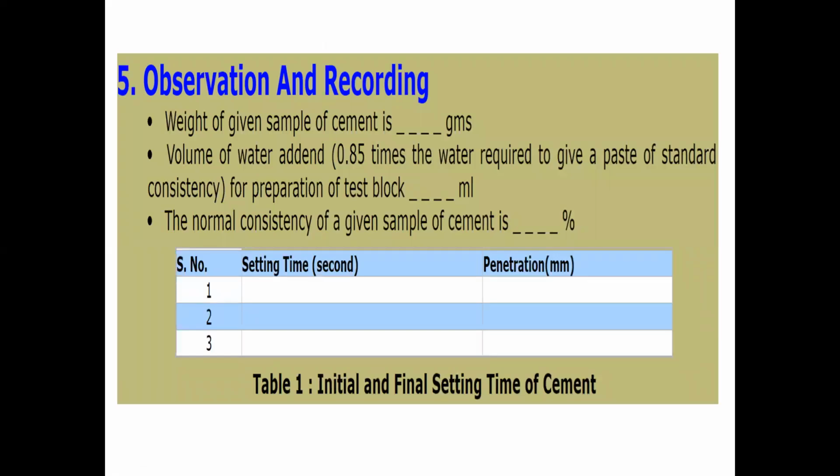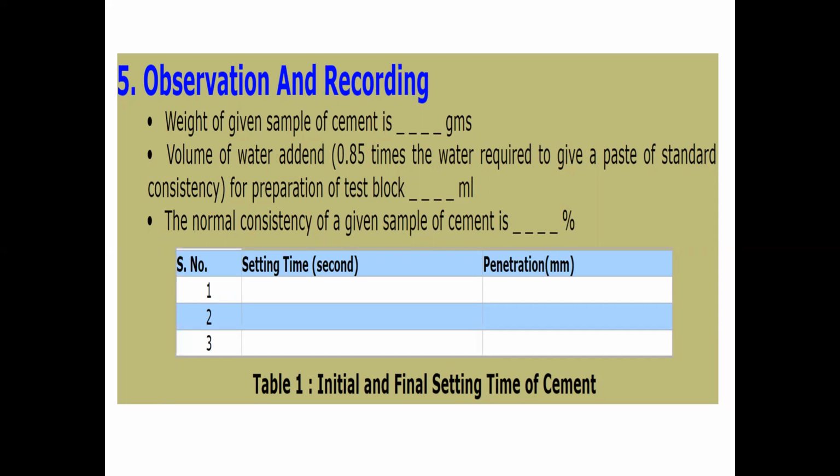For our observation and recording process, we have to record the following: the weight of the given sample of cement in grams, and of course, the volume of water added. It must be 0.85 times the water required to give a paste of standard consistency for preparation of the test block, in milliliters.